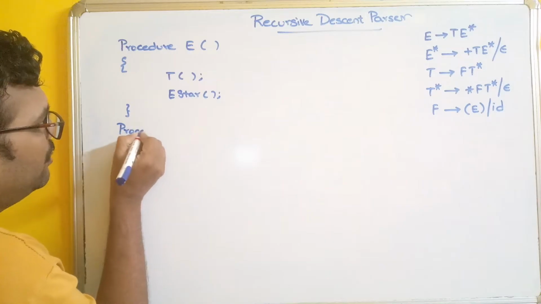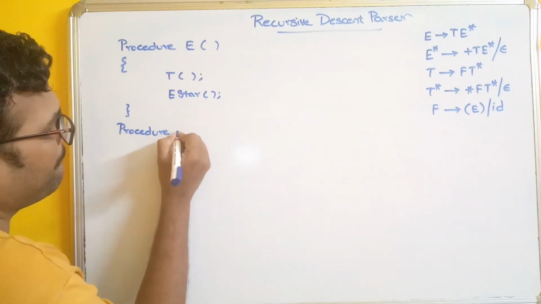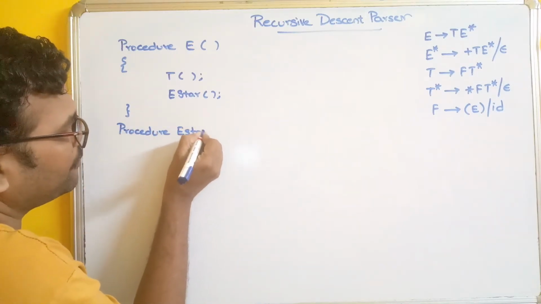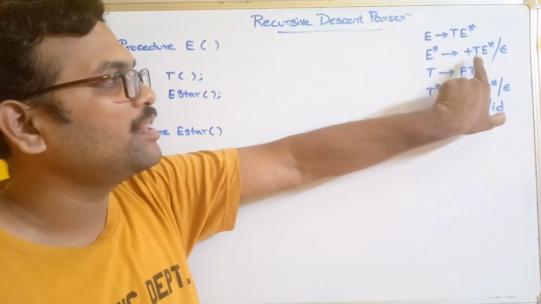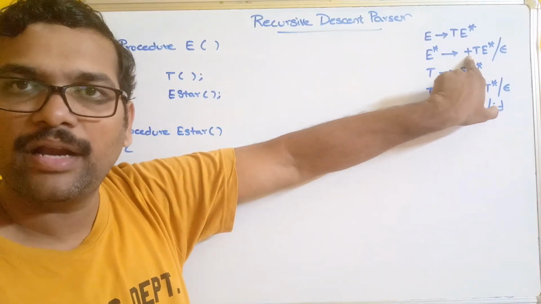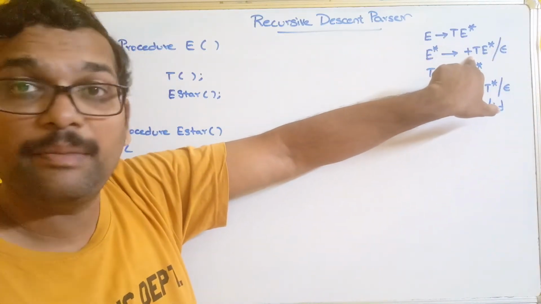Write down procedure E star. What do we have to do? We have the input symbol, which is a terminal.